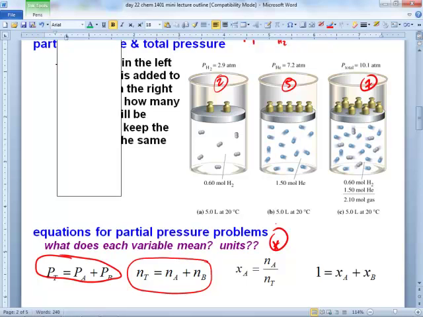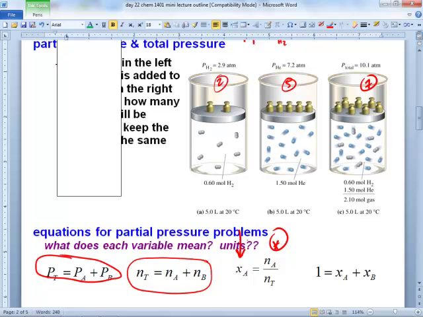Well, here's the symbol for it. XA. But what do they call it? I guess you could say the fraction that are gas A molecules, but you're not supposed to. What are you supposed to say? It starts with an M. Mole fraction. XA is the mole fraction of gas A.